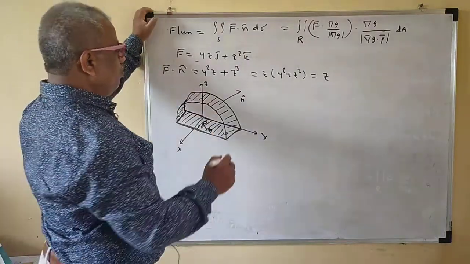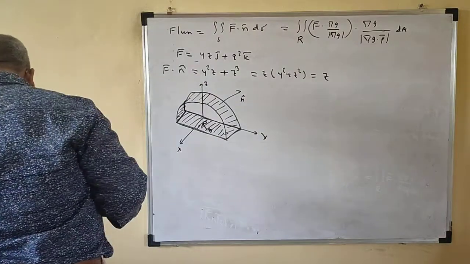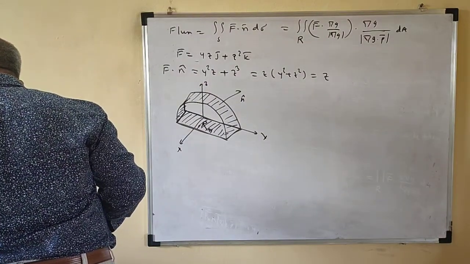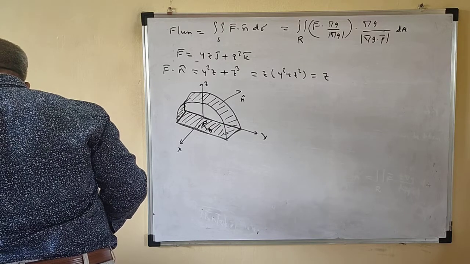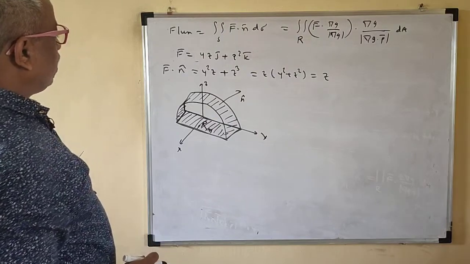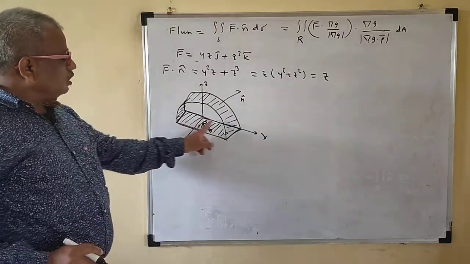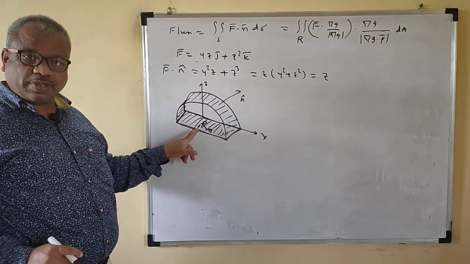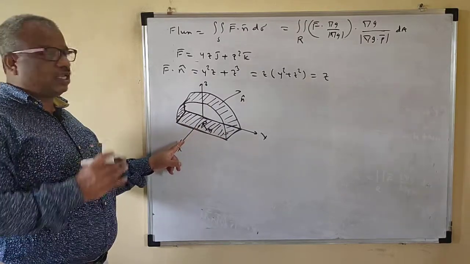Now your p bar is what? This is your xy plane. To the xy plane, which vector is perpendicular?